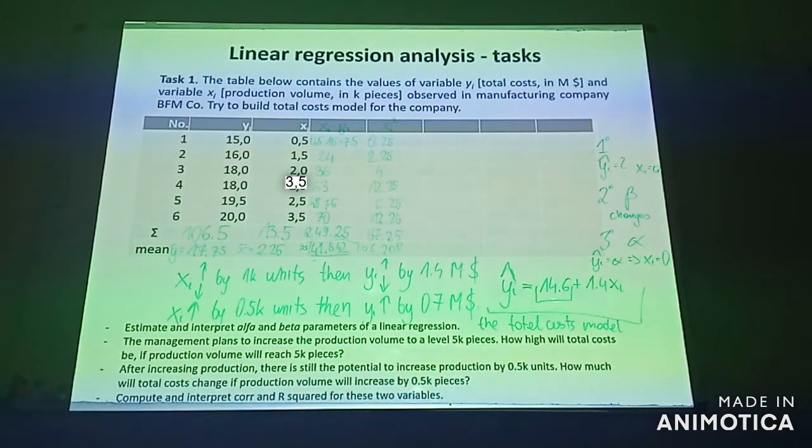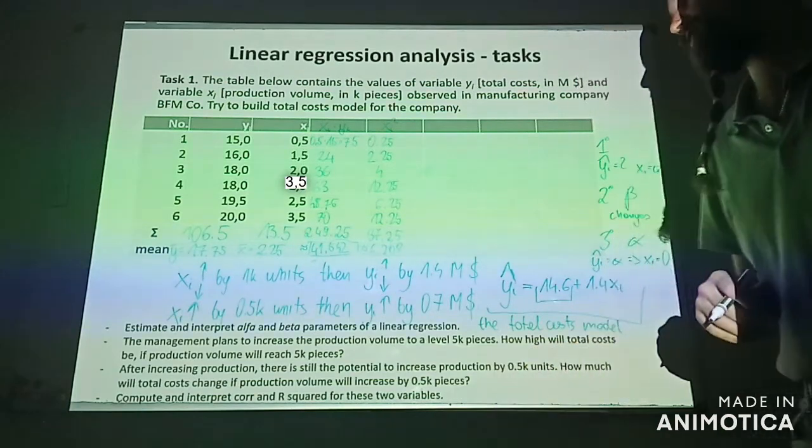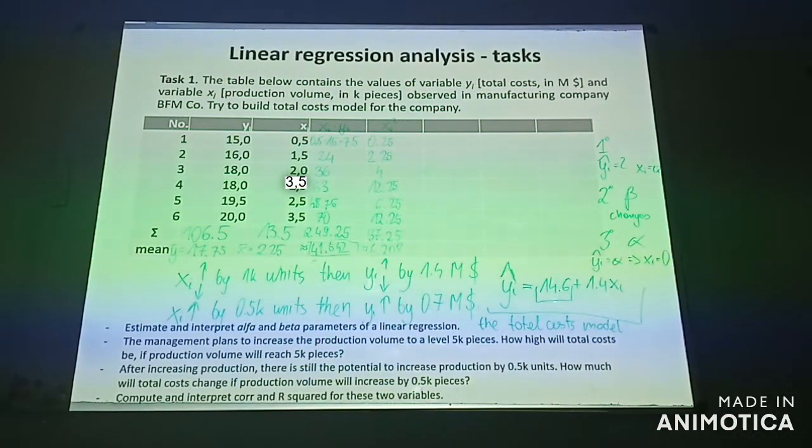It is the level of the endogenous variable if I set the level of the exogenous variable to 0. Okay, 3 pieces of information. And the last command: compute and interpret the correlation coefficient and R² for these two variables.